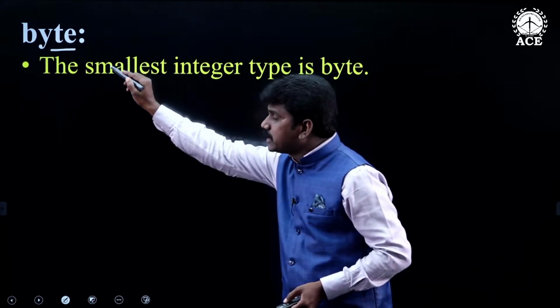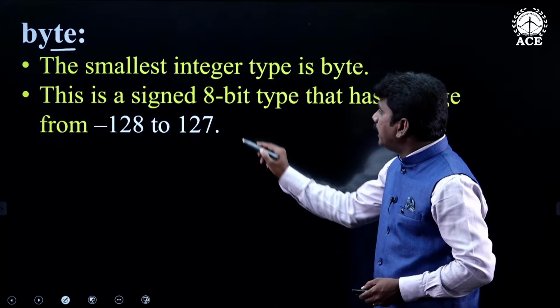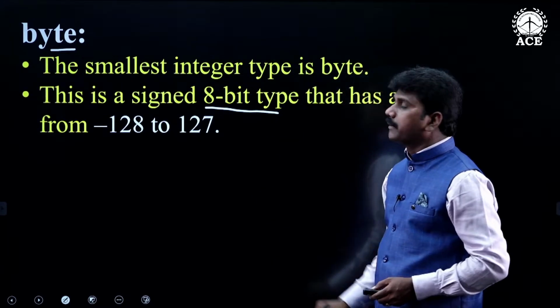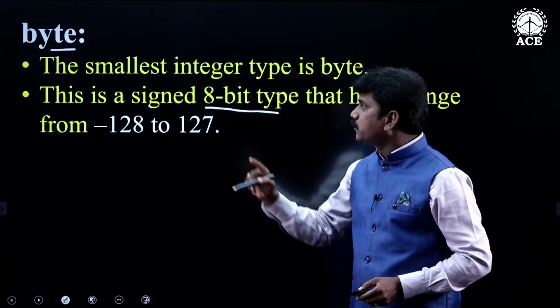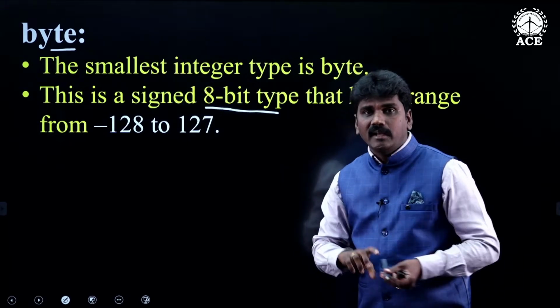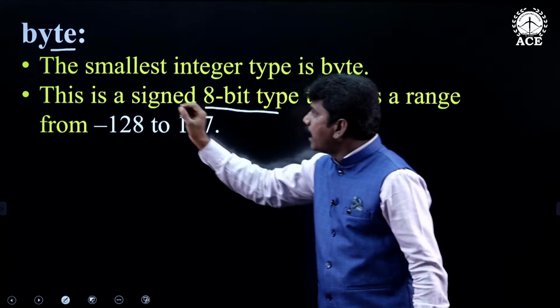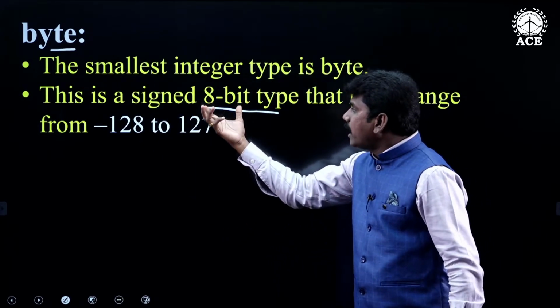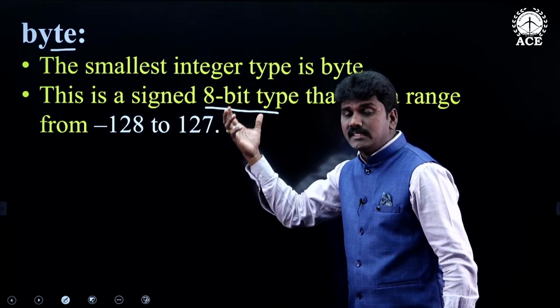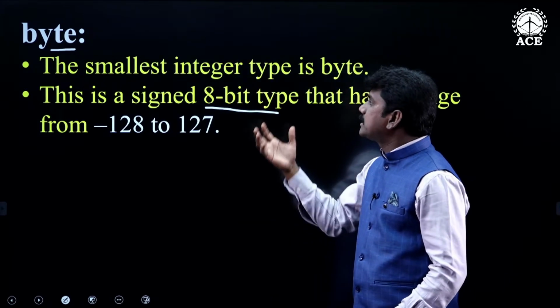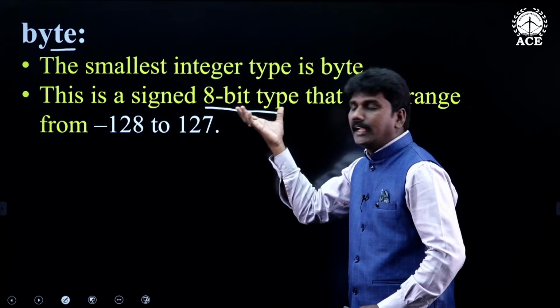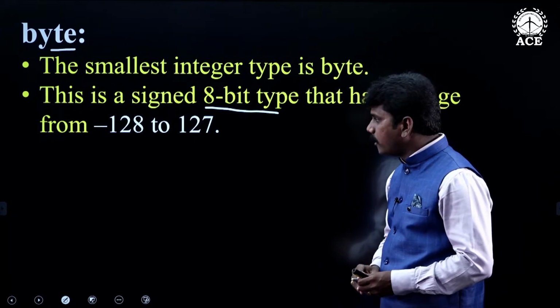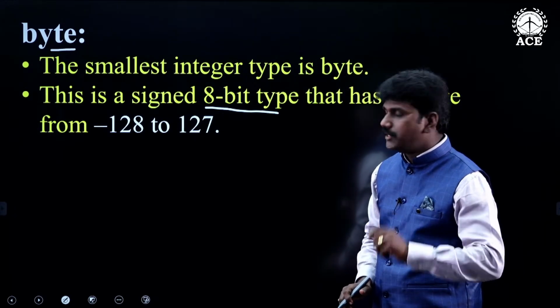The size of this one is 8 bits, nothing but 1 byte. That's why the name is byte. The size of this byte is 1 byte, which is 8 bits.